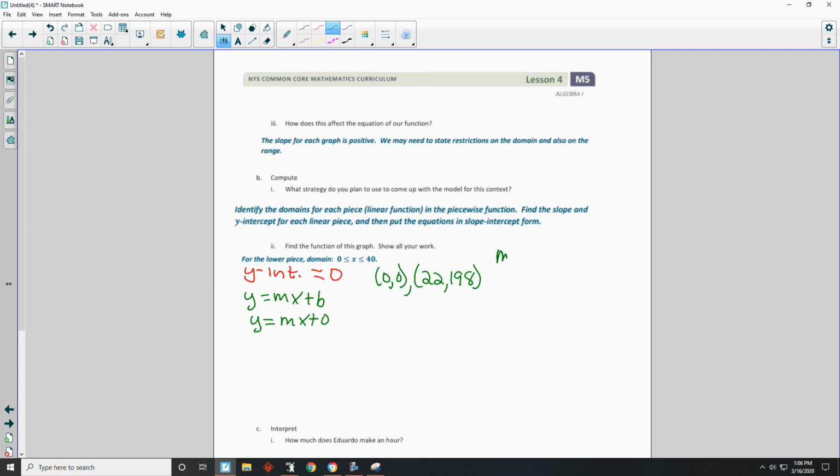Remember, slope, m, equals y2 minus y1 over x2 minus x1, which equals 198 over 22. And that reduces. Half of 198 is 99, so 99 over 11, and that comes out to be 9. So our slope is 9. So our equation is y equals 9x.